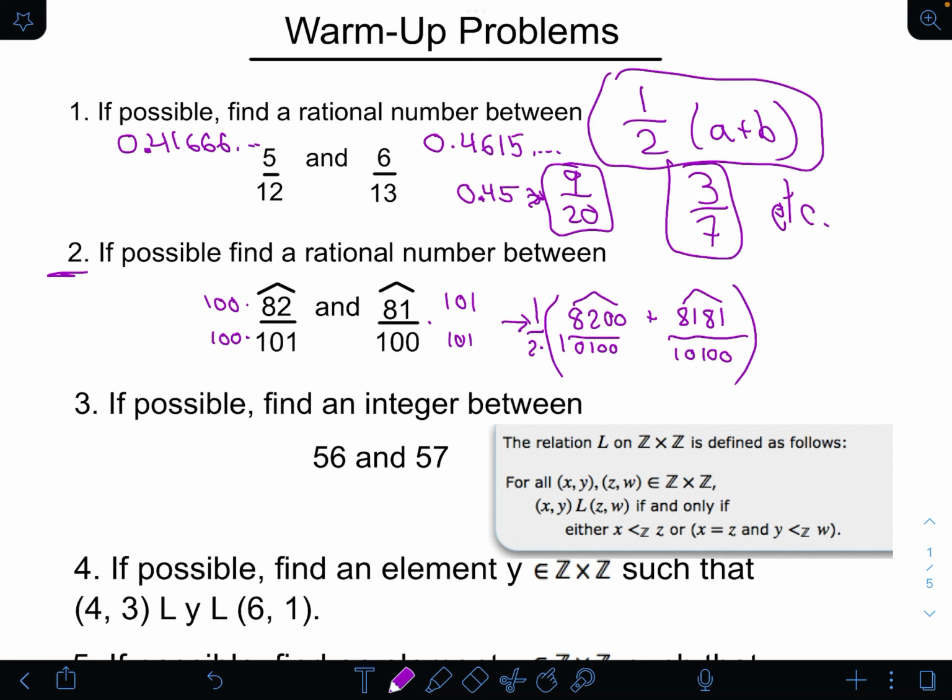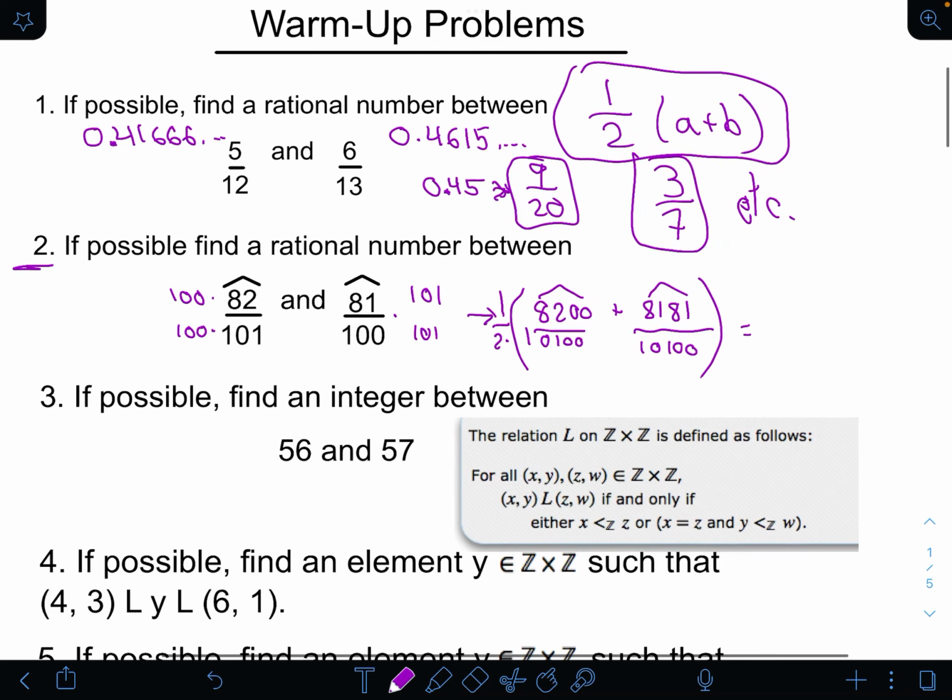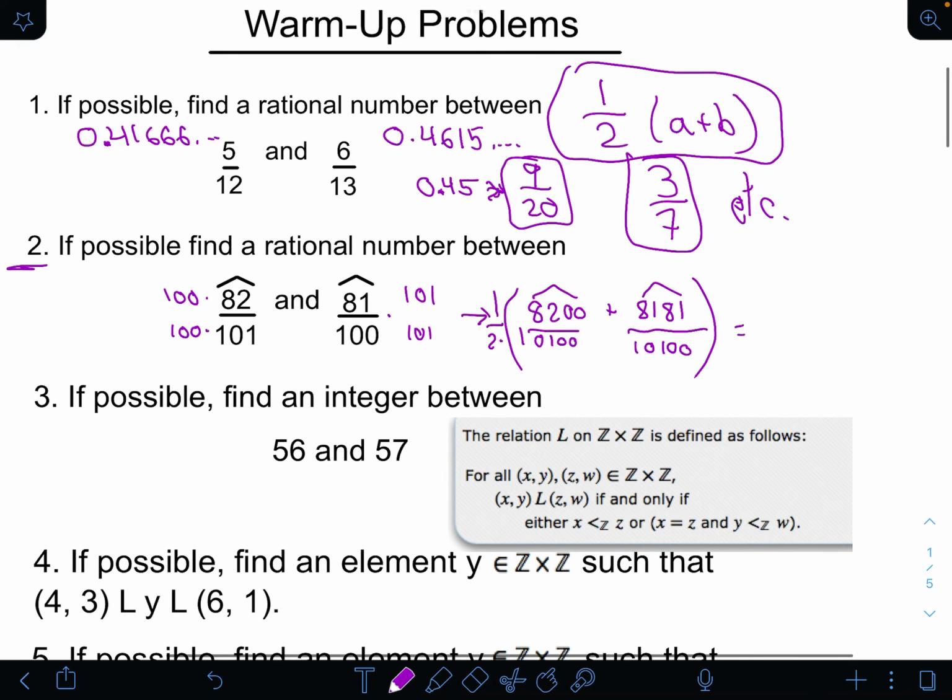So, when I add these together, I'm going to get 16,381. And yeah, I can come up with something pretty easily that's parked in between these by averaging them. Or I could even say, wait just a second, I don't even need to actually add these. I don't even need this equal sign here.